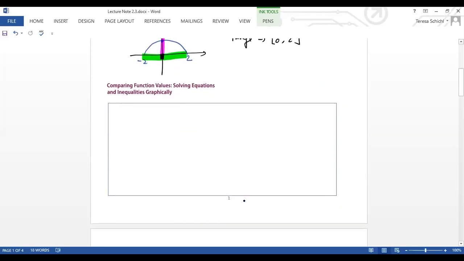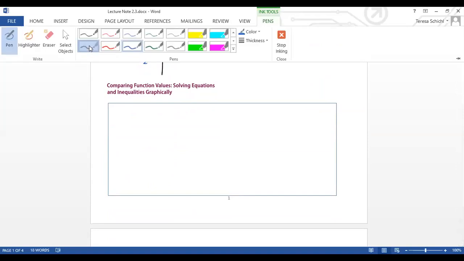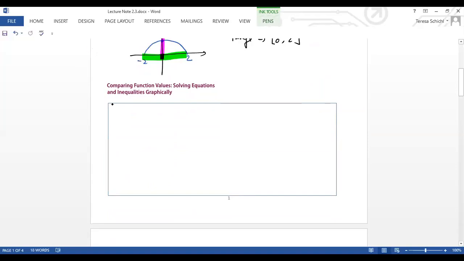Okay, so the next thing we're going to talk about is how to compare function values and solve equations. Let's take a look at what that means.